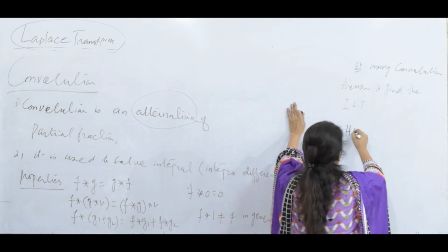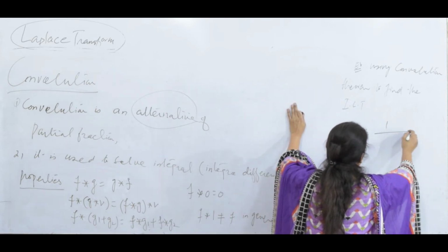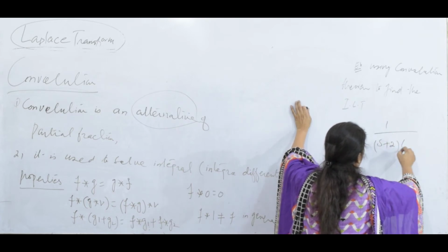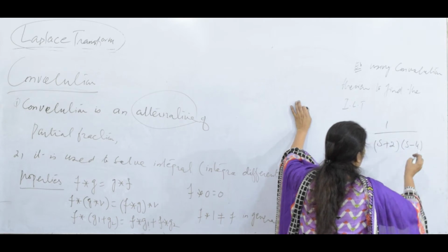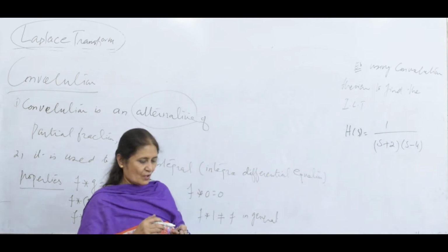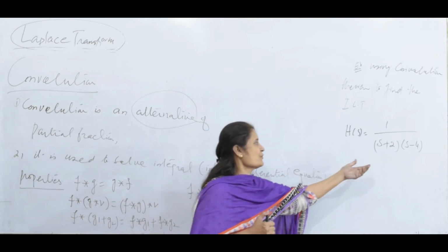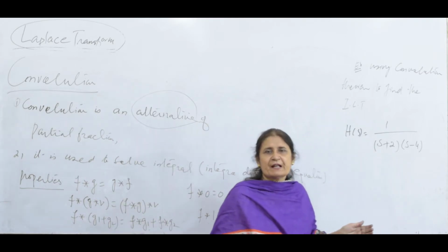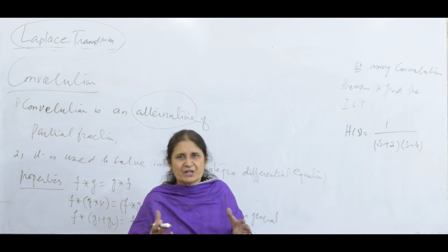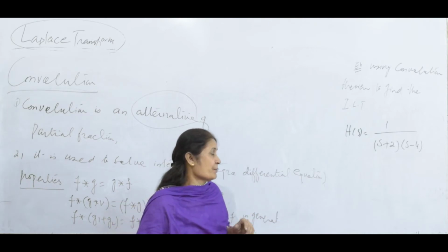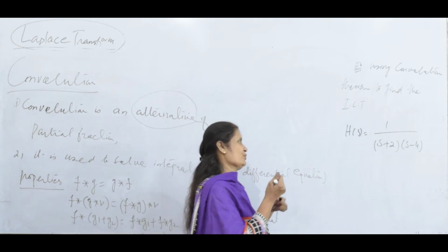Let h of s be 1 over (s plus 2)(s minus 4). If I say find the inverse Laplace transform of this function, the only possibility left is partial fraction: you separate and then take the Laplace inverse to get the answer. This time I am using convolution.